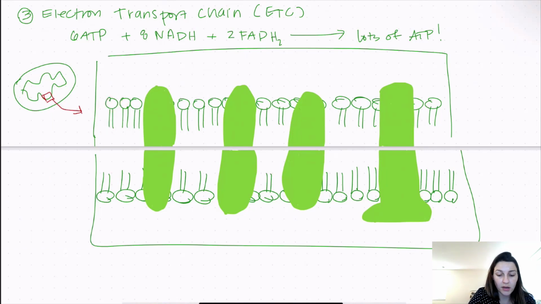But then I've also gone ahead and inserted these intermembrane proteins. And these proteins are really, really important for the electron transport chain. Let's label them. They are called proton pumps. So all of these guys are proton pumps.